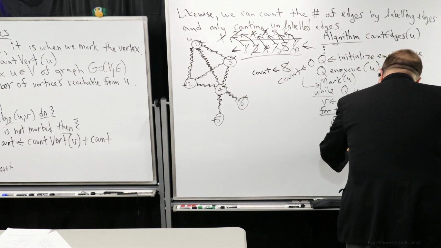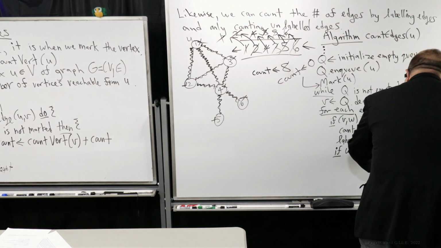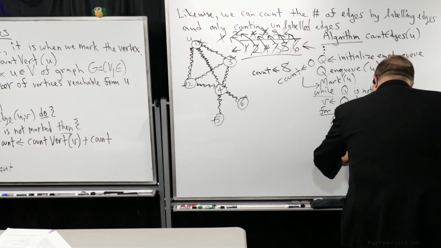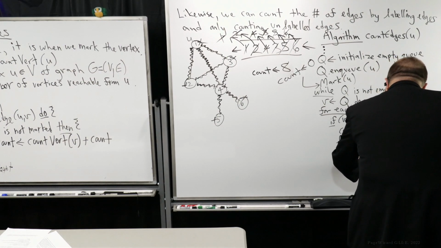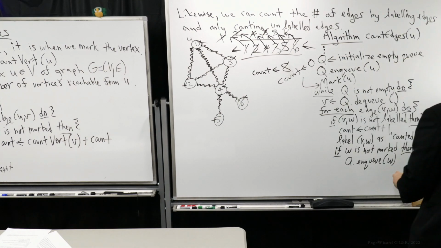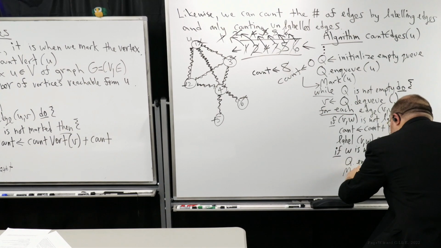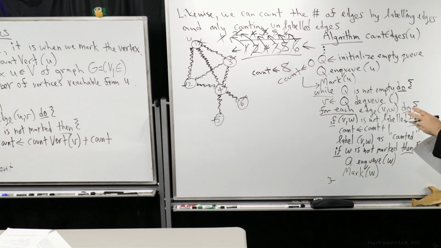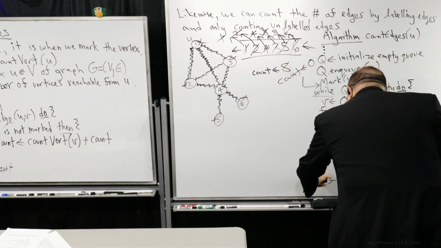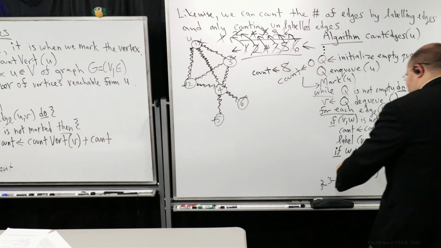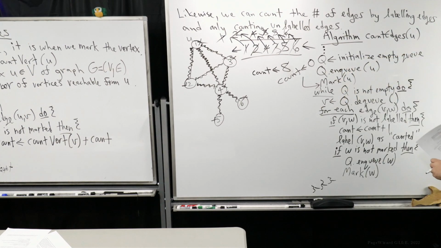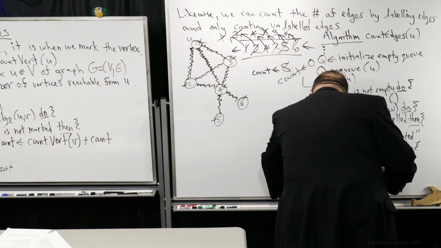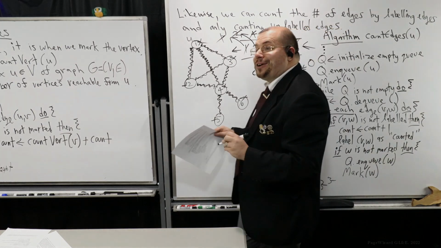If W is not marked, then we enqueue W into the queue, and we mark W. Now let's make sure I got all my closing curly braces, okay? Got 1, got 2, got 3, and I think I need a 4th one. 4, and at the very bottom after the 4th curly brace, we're going to return the count.